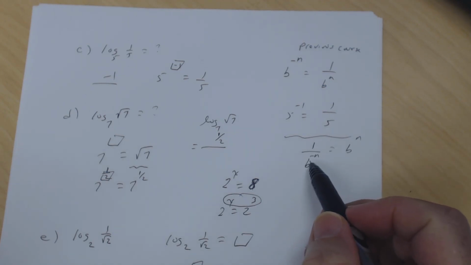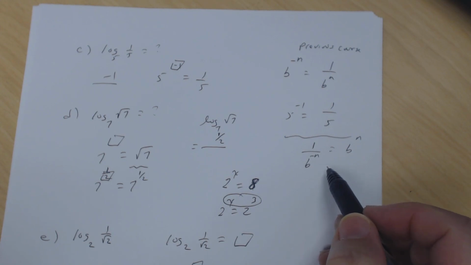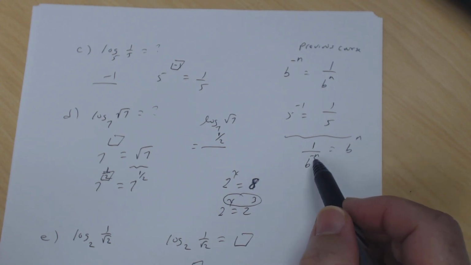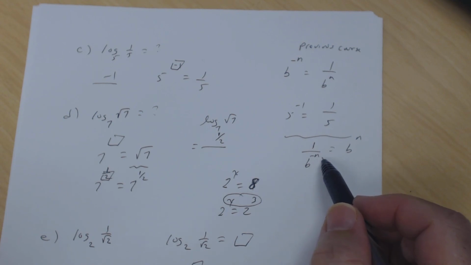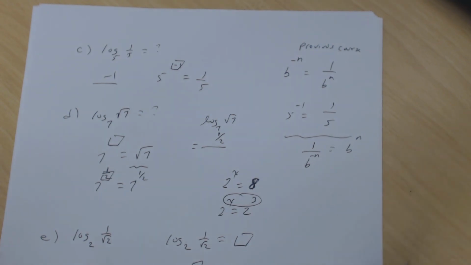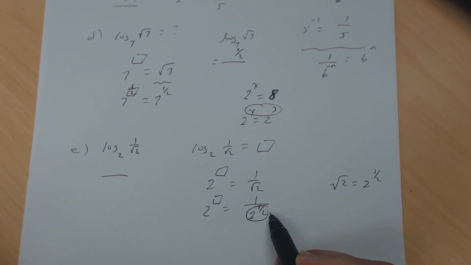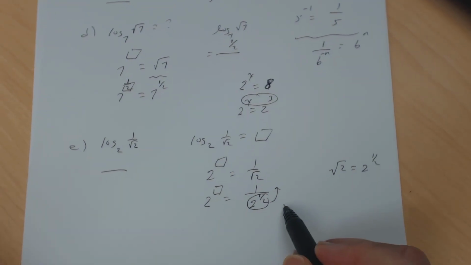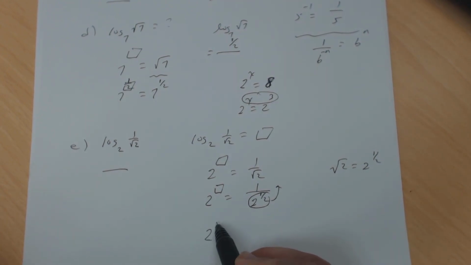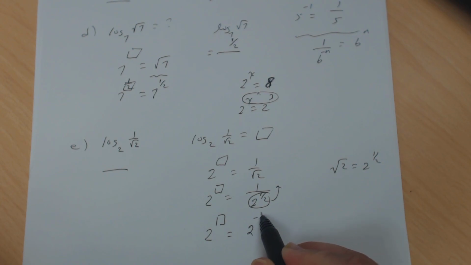To make that exponent positive, I rewrite it in the numerator, and the sign of the exponent changes. So a negative n becomes a positive n. So right here, when I put it in the numerator, the sign changes, and I get 2 to the box equals 2 to the negative 1/2.